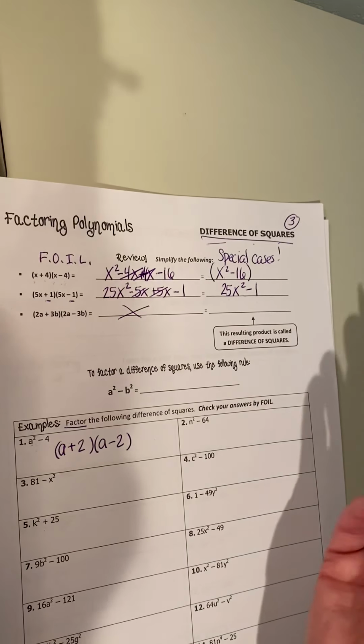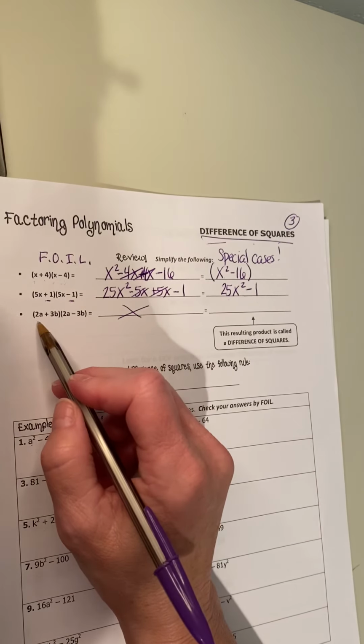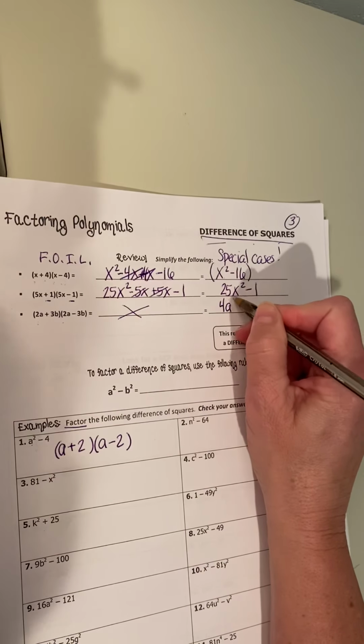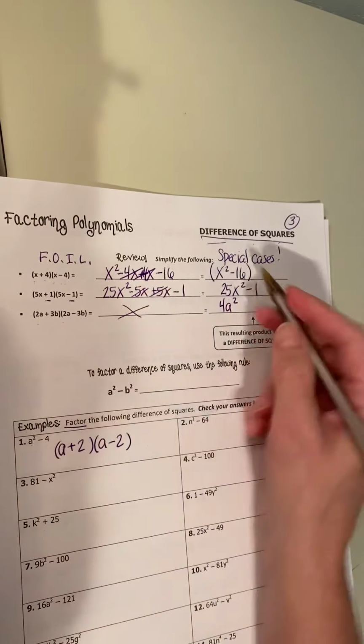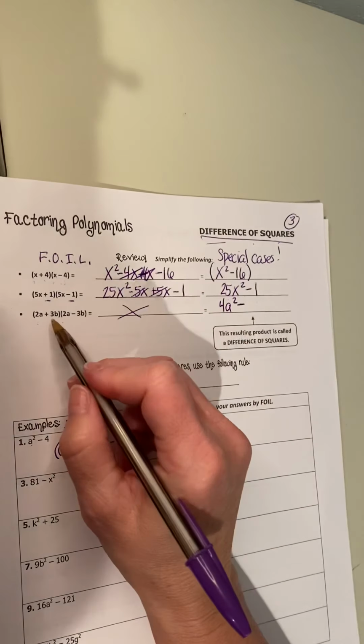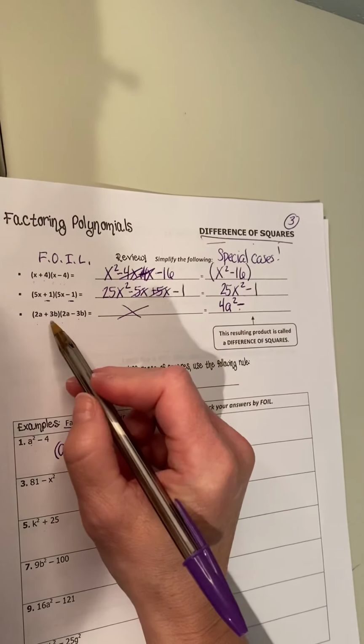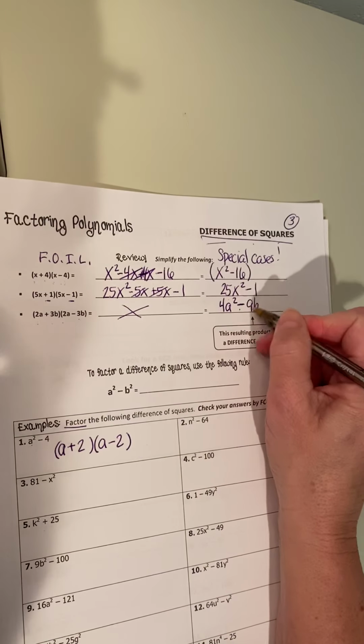So all I really need to do is say, okay, 2a times 2a, that's 4a squared. And then here, I have to put a minus sign right there. A 3b times a -3b, well, that's my negative 9b squared.